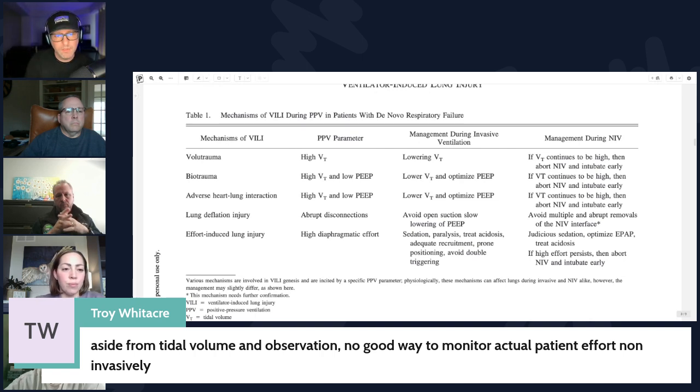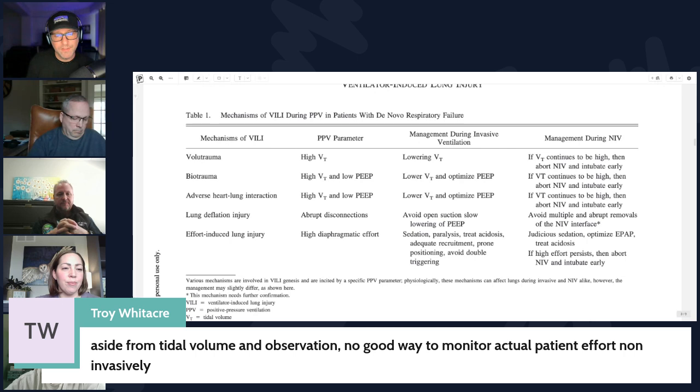I think eventually, because this comment here from Troy perfectly sums it up, aside from tidal volume, there's no good way to actually measure patient effort non-invasively, without putting in an esophageal balloon catheter. So this paper looked at non-invasive ways of measuring it. It's a bench study. That's why there are some limitations. So if you read the paper, make sure you read the editorial as well. I'm a little biased, obviously, because I wrote that with my colleague.